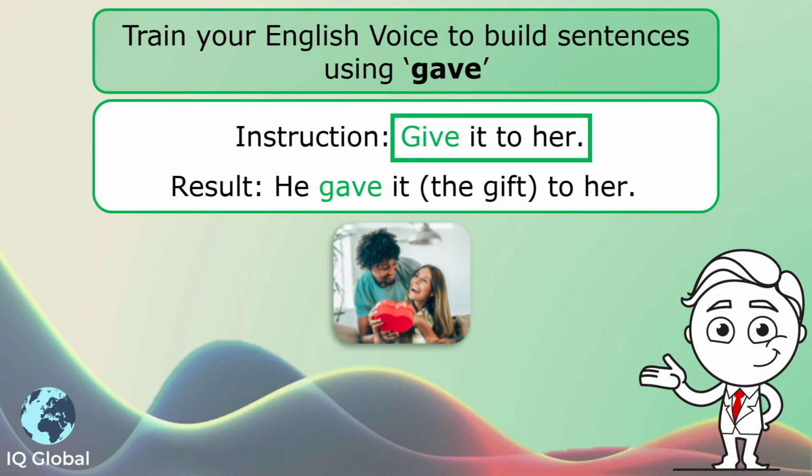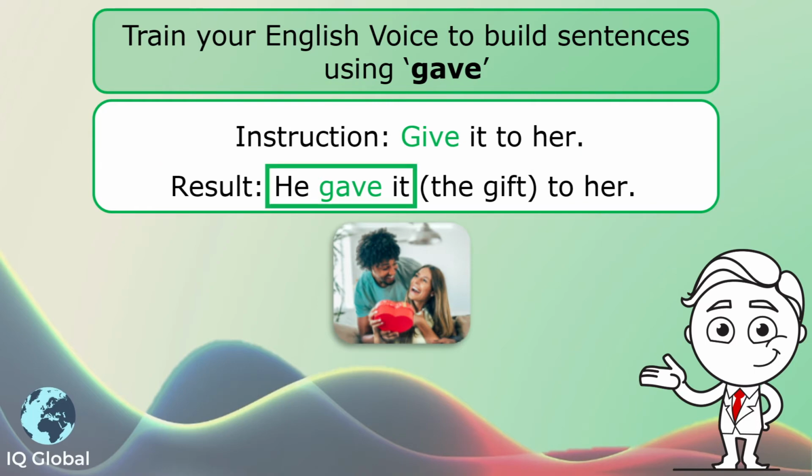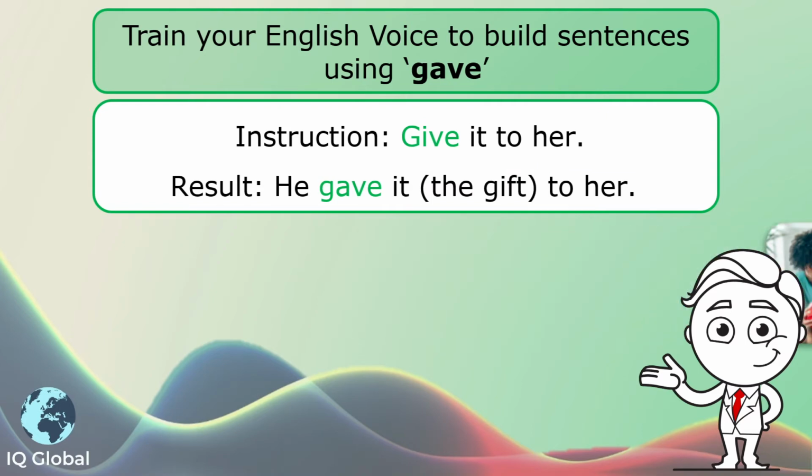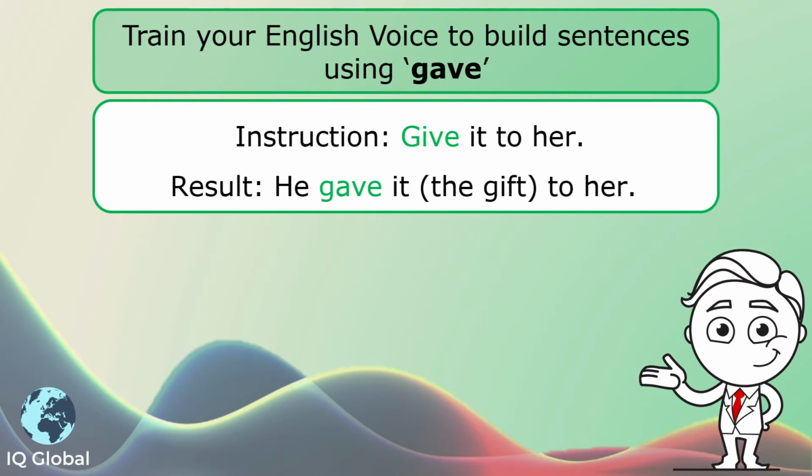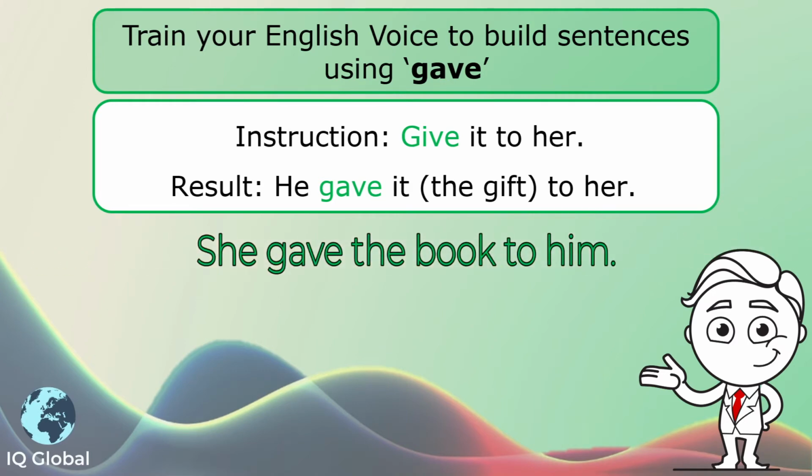Instruction, give it to her. Result, he gave it, the gift, to her. We can also say, he gave the necklace to her, or she gave the book to him.